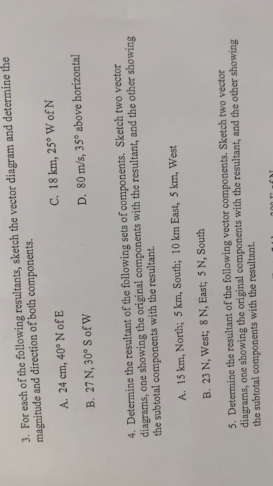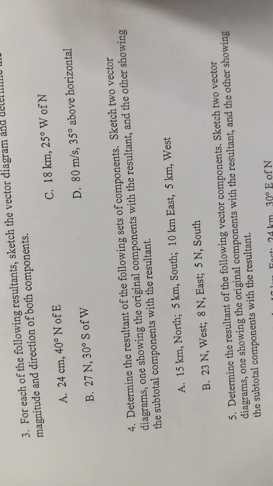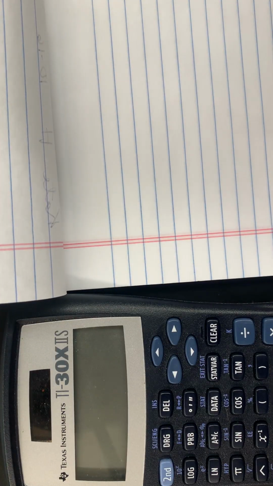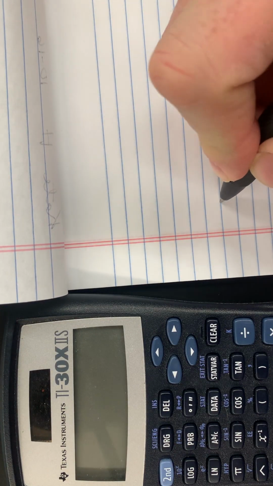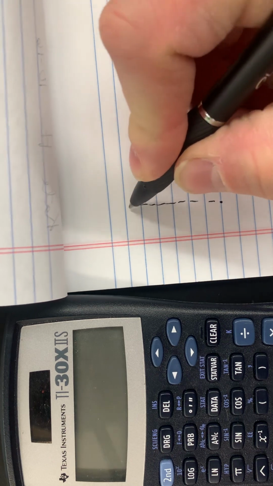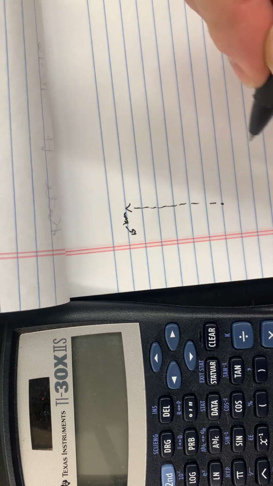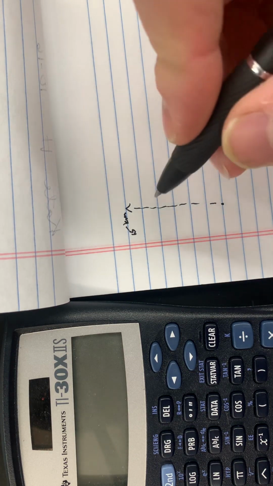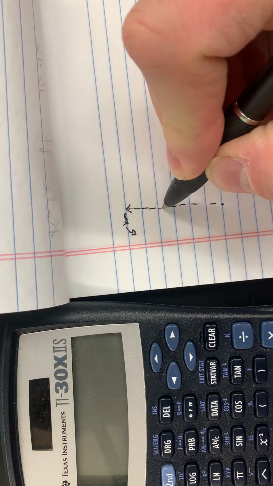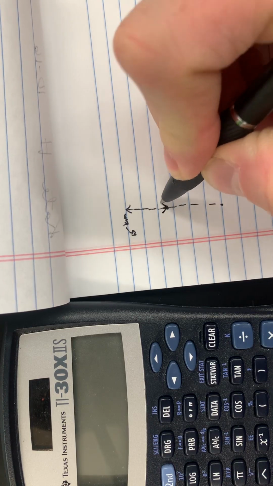All right. So A, we've got 15 kilometers north, 5 kilometers south, 10 kilometers east, 5 kilometers west. So we're just gonna go up and then down, then right, and then left. Here's what A would look like. We're gonna start here, and we're gonna go up 15 kilometers north, but then we are going to immediately turn around and go 5 kilometers south to about here.